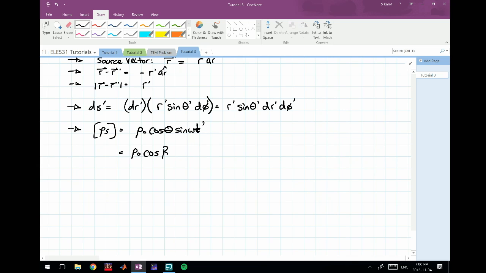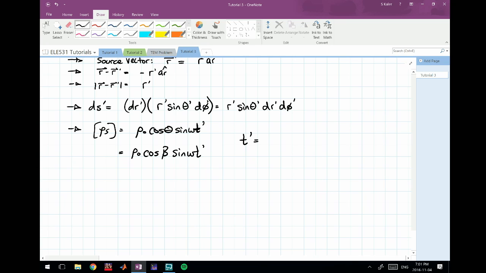Let's deal with that first. And then we have this t prime. Does anybody know how we define t prime, or take into account that time retardation? Exactly. We usually use a capital R to define r minus r prime.